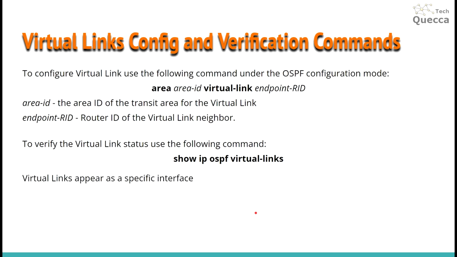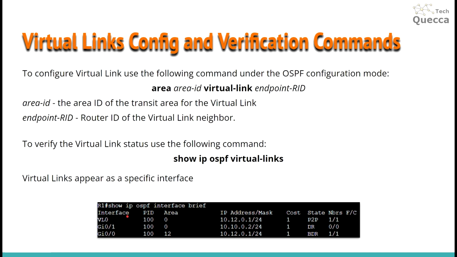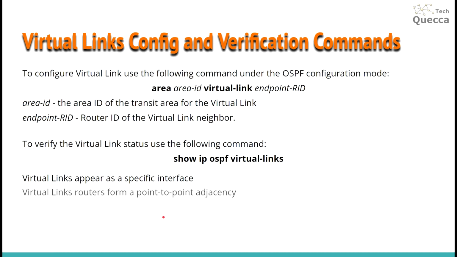And virtual links appear as a specific interface. If you do show ip ospf interface brief, you will see that the virtual link shows up as a VL0 interface with area 0. And the virtual link routers form a point-to-point adjacency.